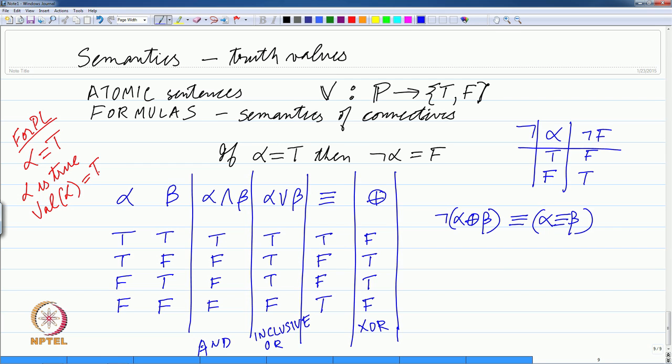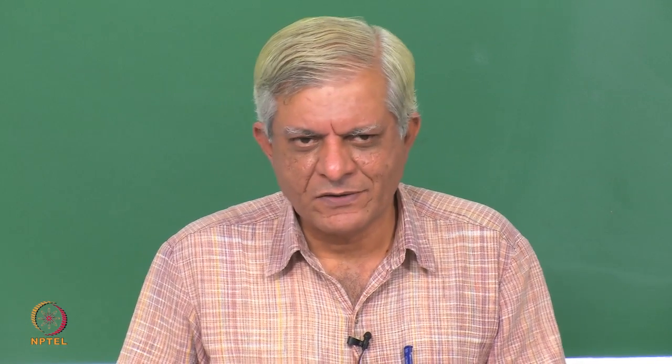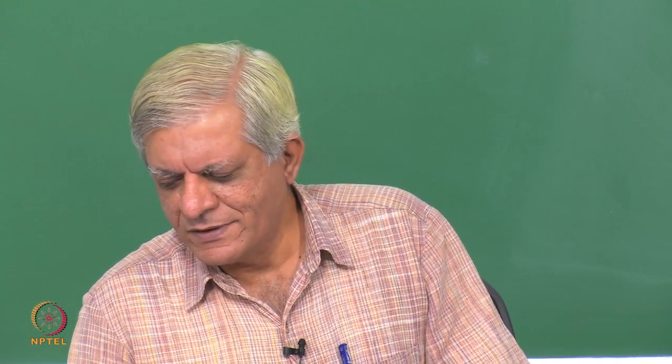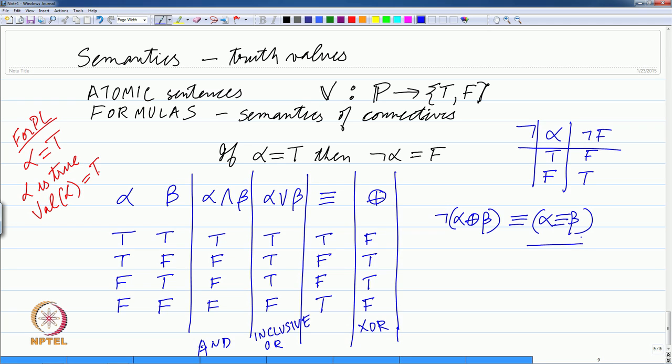So, the point of this exercise is to show that you can say the same thing in different ways, even in a language like logic. You want to say that both alpha and beta take the same truth value. You can either use this simple expression which actually says that alpha is equivalent to beta, or you can say it in a slightly roundabout way, which is that not alpha XOR beta essentially.